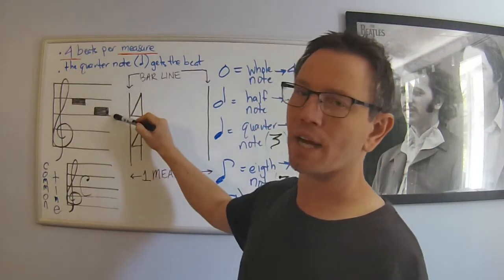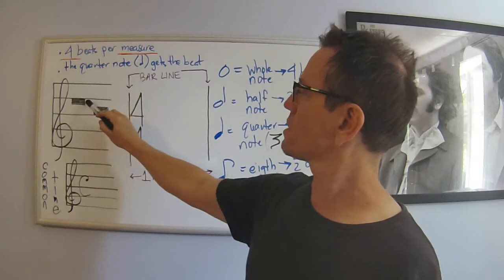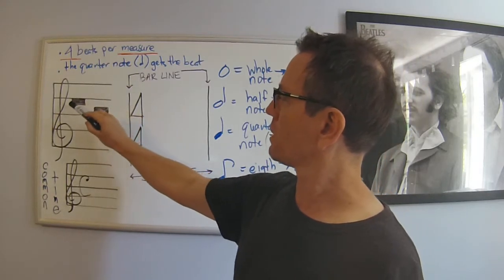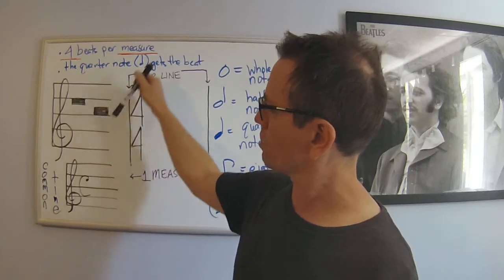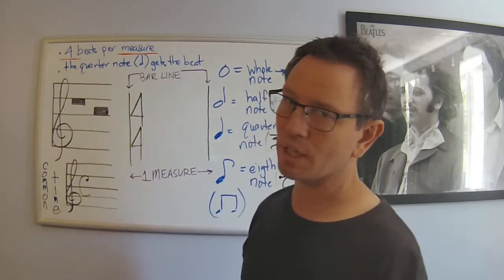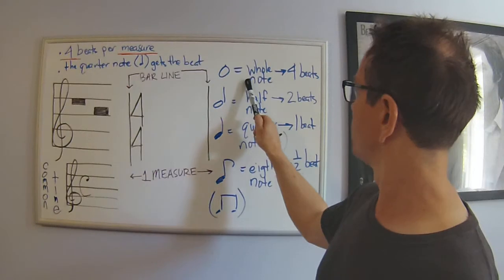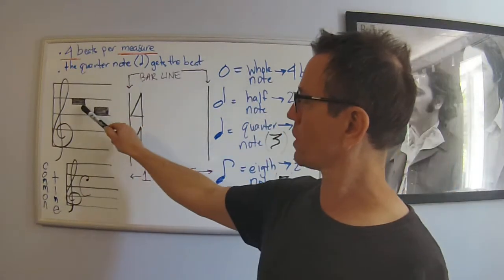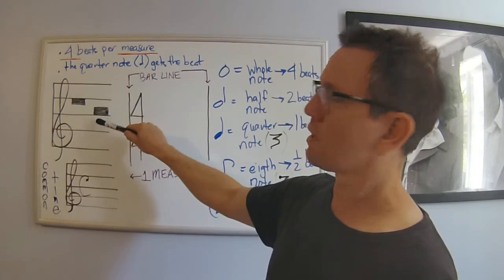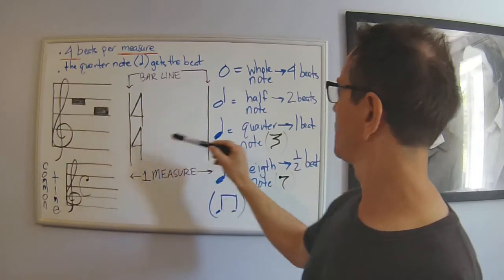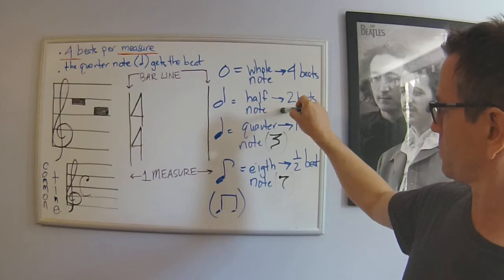So if you look at a staff, on this line, which is the D line, if you have this, basically this colored in square coming down from the D line, that's a 4 beat rest. That's a whole note rest. If you have this on the B line coming up, that's a half note rest.